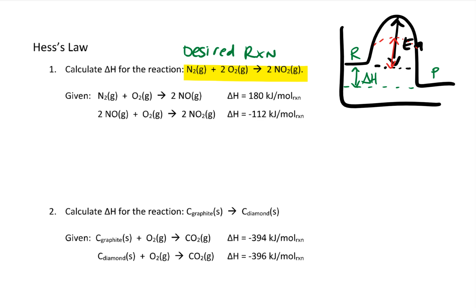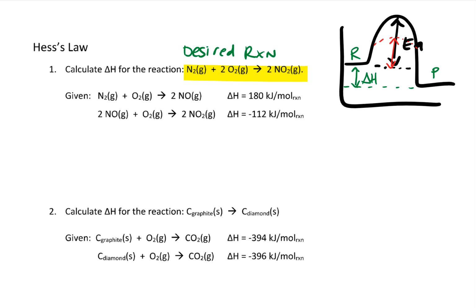We want to solve the delta H for this one. We don't have that data though, but we have these two equations along with their delta H values, and my goal here is to combine these two equations so that they equal our desired equation. We're going to add up the reactants and products so that they equal our desired equation.